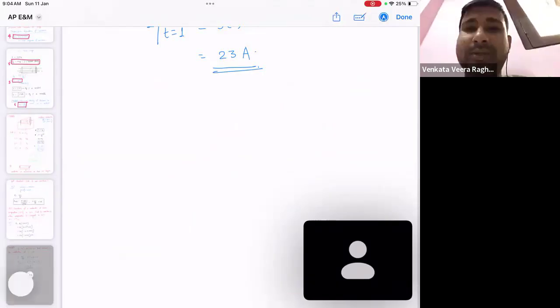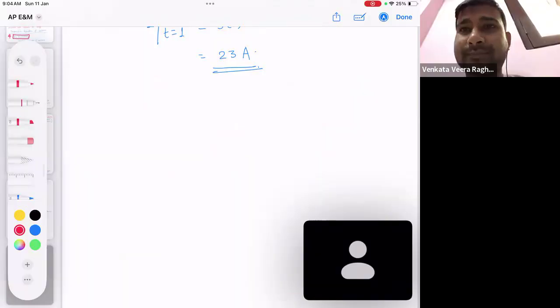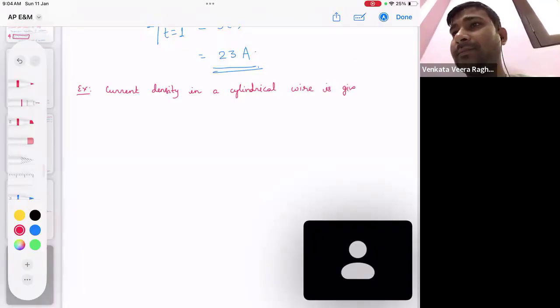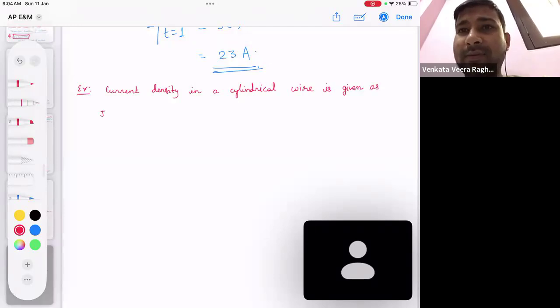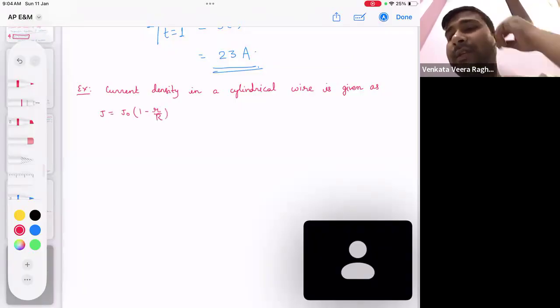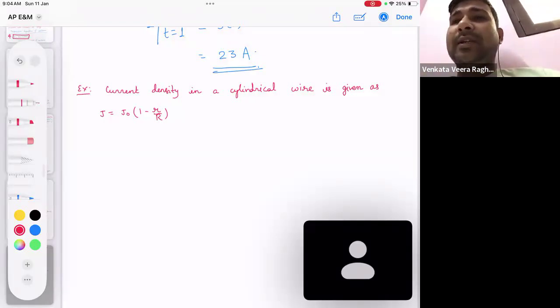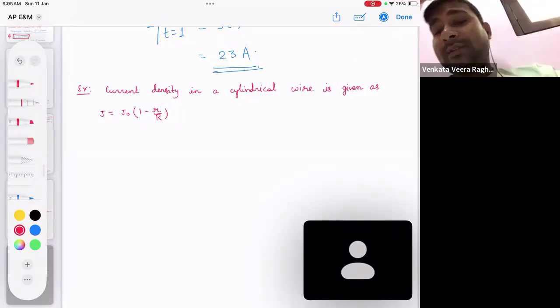The question says that the current density in a cylindrical wire is given as J equal to J naught into 1 minus small r by capital R, where small r is the distance from the axis, and capital R is the radius of the cylinder.